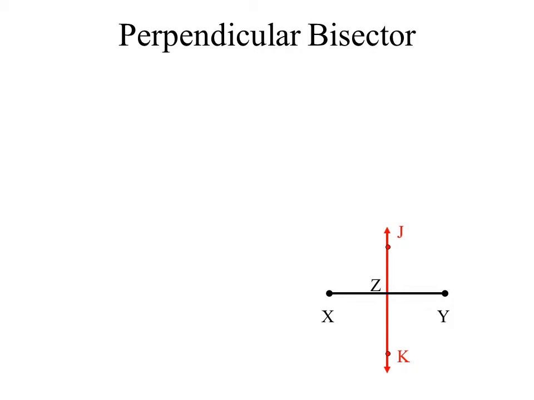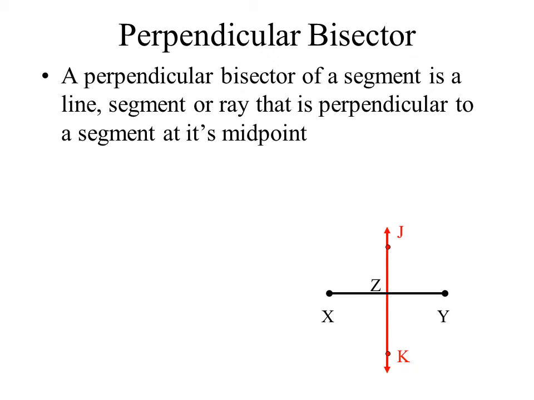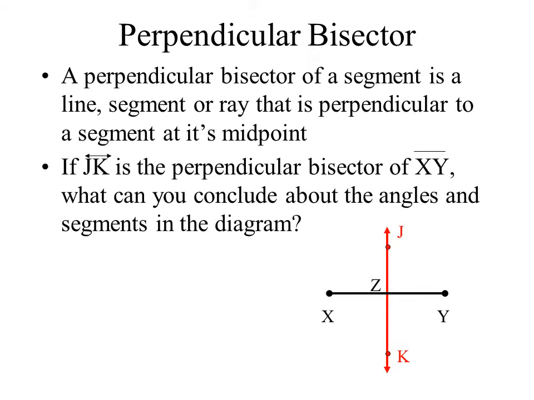Then we also have a perpendicular bisector. A perpendicular bisector of a segment is a line, segment, or ray that is perpendicular to the segment at its midpoint. If JK, so this red line JK, is the perpendicular bisector of segment XY, what can you conclude about the angles and the segments in this diagram?